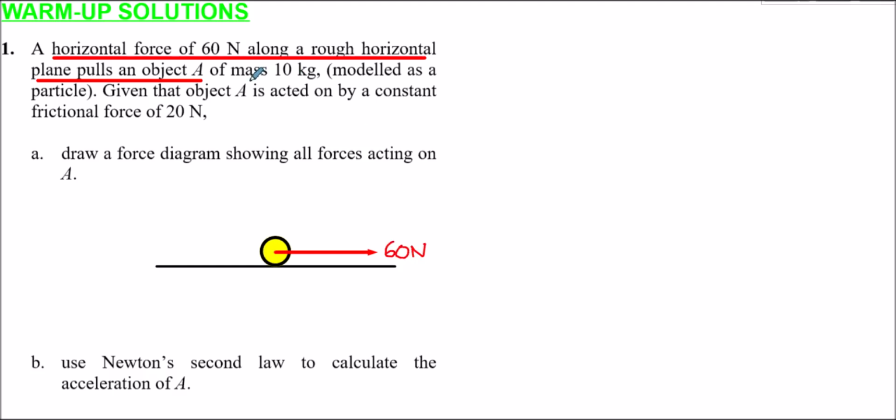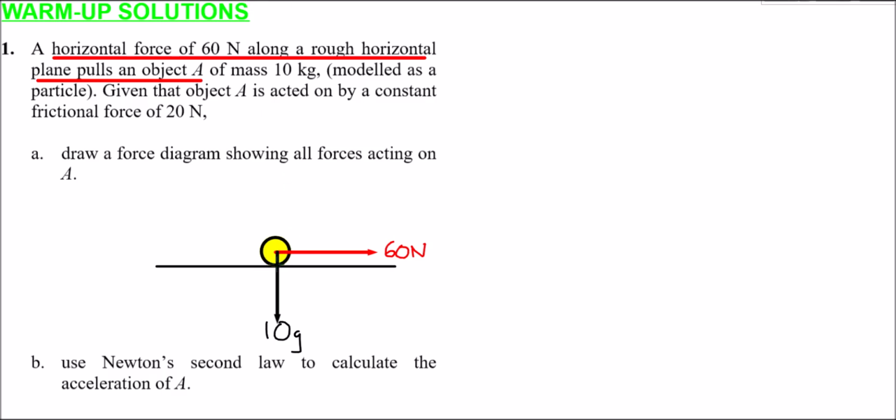Now it has a mass of 10 kilograms, so it'll have a weight associated with it. The weight of the object, it'll be 10g. So I'm going to do an arrow going downwards. I'll just call that 10g. As well as that, there will also be a reaction force, a normal reaction force, from the surface pushing back up, equal and opposite to the weight of the particle to balance out its weight so it doesn't fall through the ground or float up, which obviously would never happen.